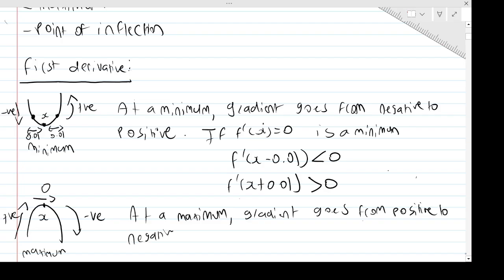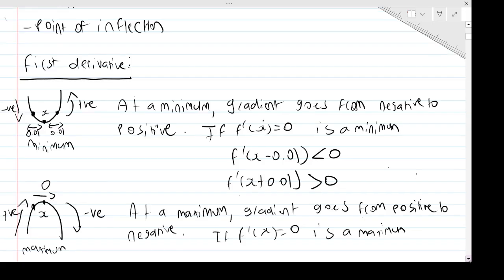Okay, so again then, in terms of the first derivative, we can consider the sign close to the point x. So if f dash of x is equal to 0, which it has to be because it's a stationary point. So if it's a maximum now, let's consider points close to before and after x. So let's say we have the point here, to the left side.